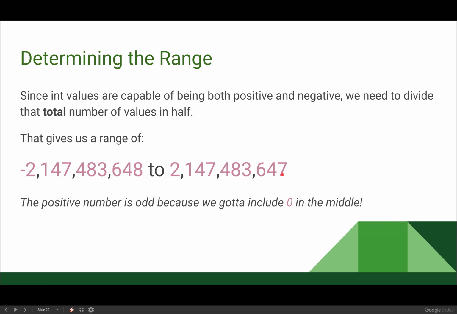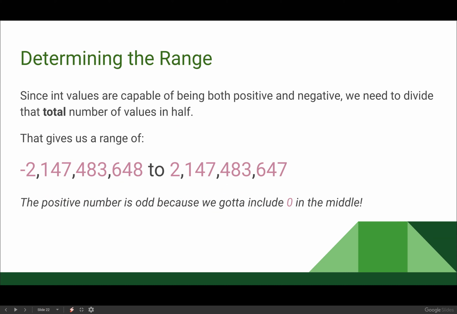And the positive number is odd because we have 0 right in the middle, which kind of offsets our even numbers. So this is the full range of integer values. And for most of our programs, we're not going to hit those limits, but those are the upper and lower limits.